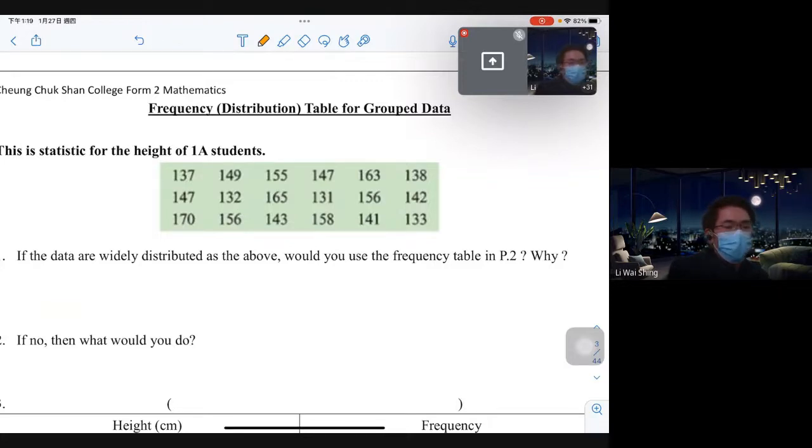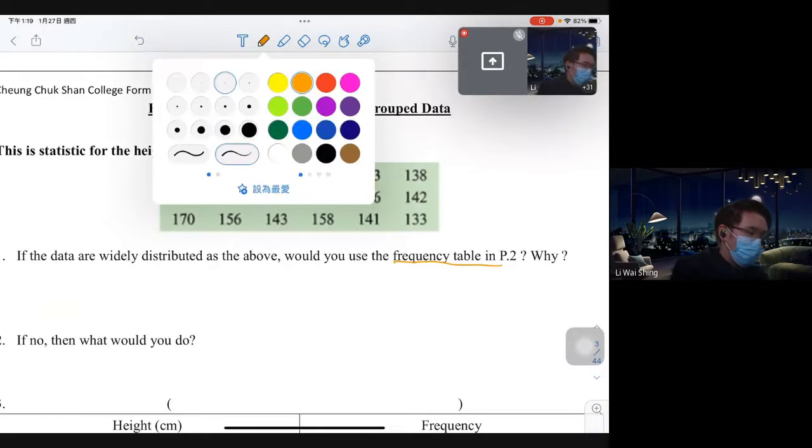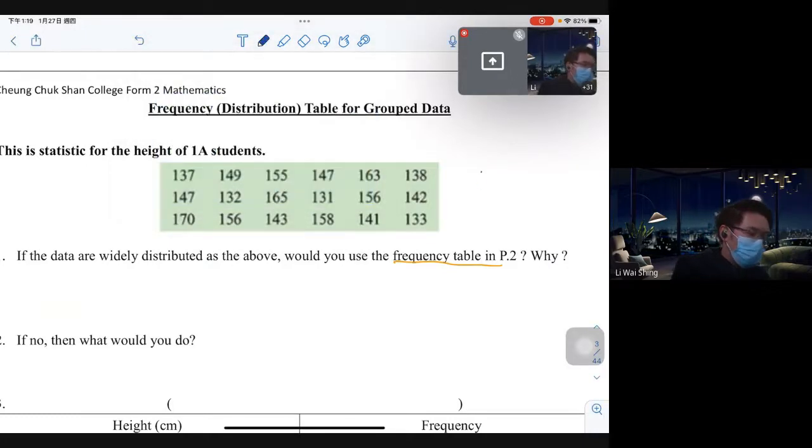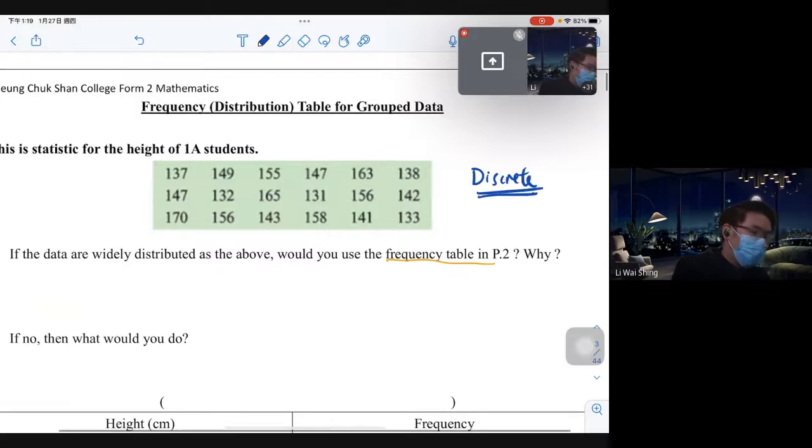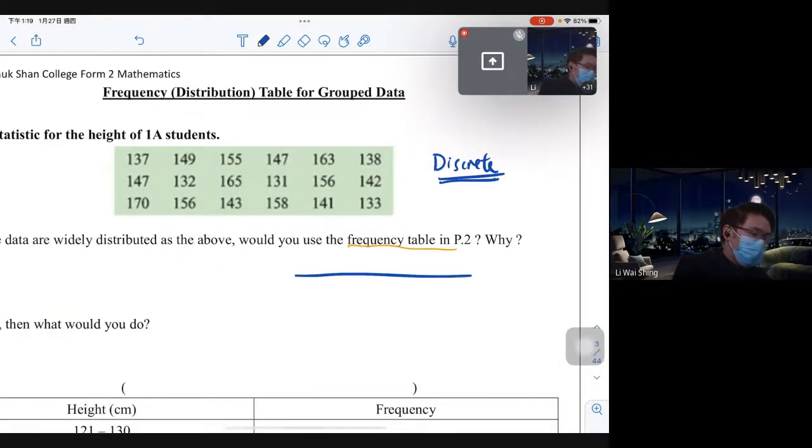If I ask you to draw a frequency table, let's think what happens if you treat it as discrete data. It will look like this.